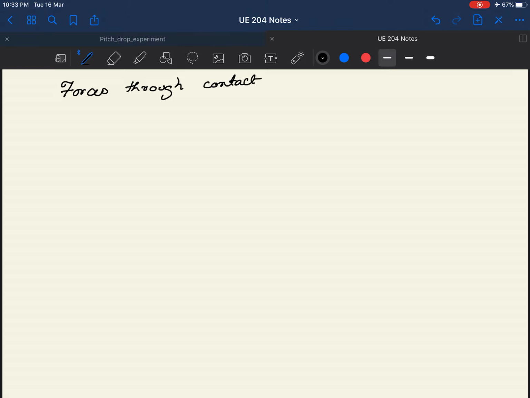So, one example is the example that I was giving you there, which is, let us say you have a body, and then you have a link or a member that is coming into contact, and let's say that this is frictionless. If this is frictionless, then the only kind of force this can exert is a normal reaction.